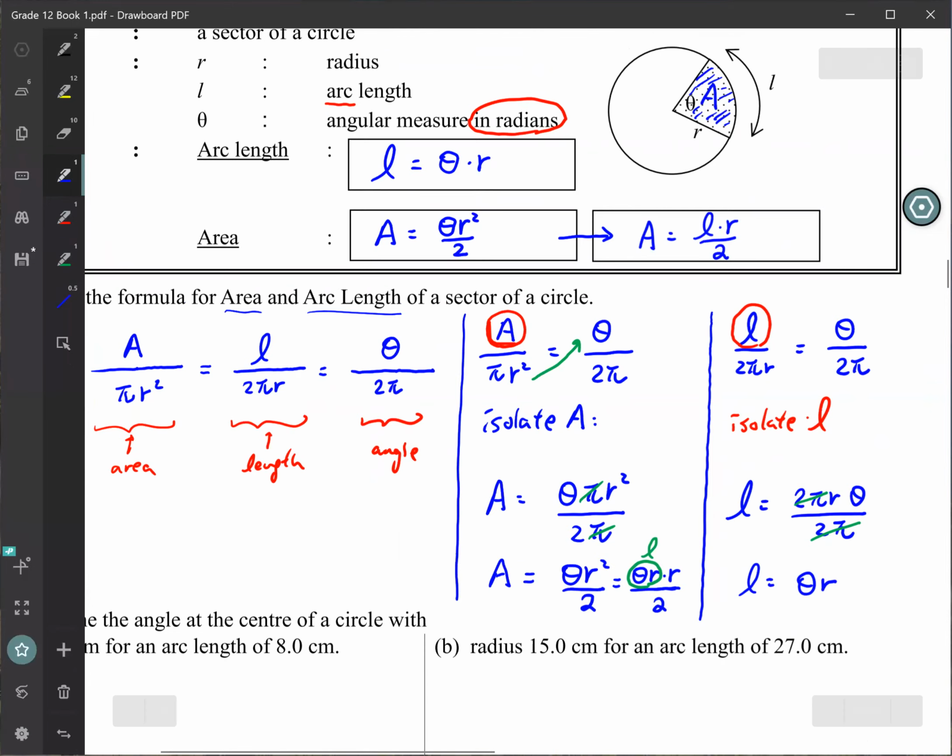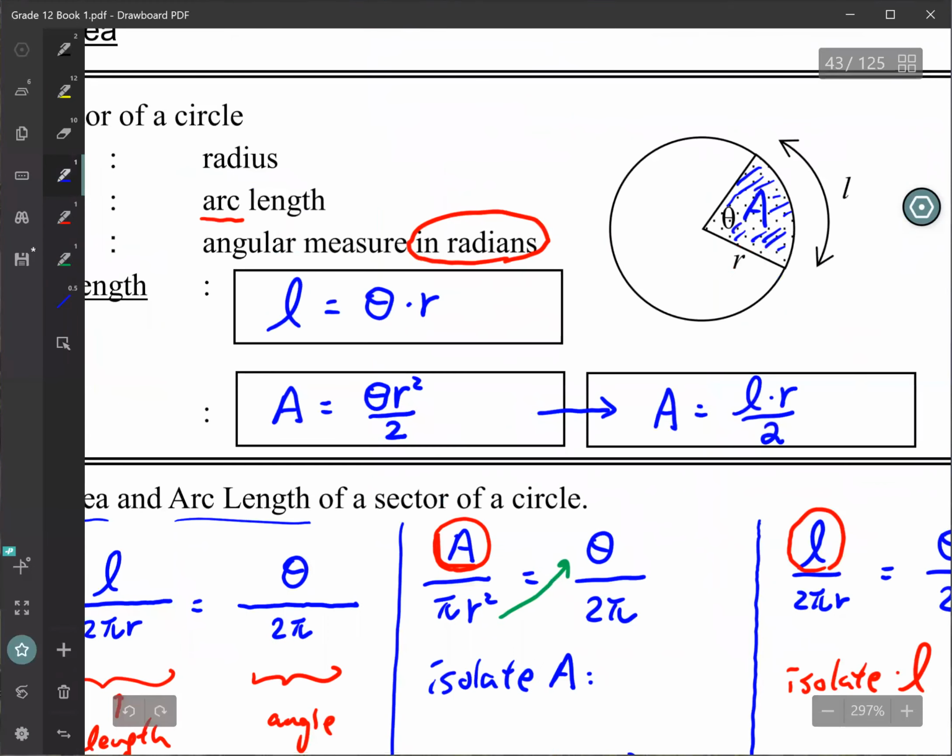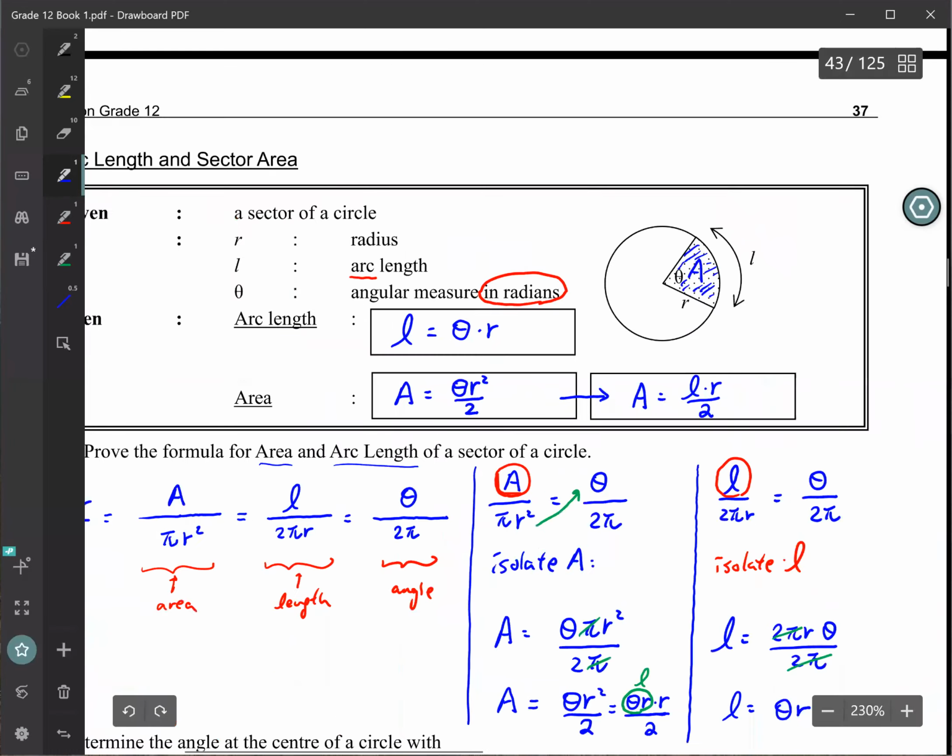Okay, so if we are given the arc length, then we use the third one, right? If we are given the angle, then we use the first one. And for arc length, you only have the one formula. For area, you have two choices depending on what's given. Okay, do we have any questions here?